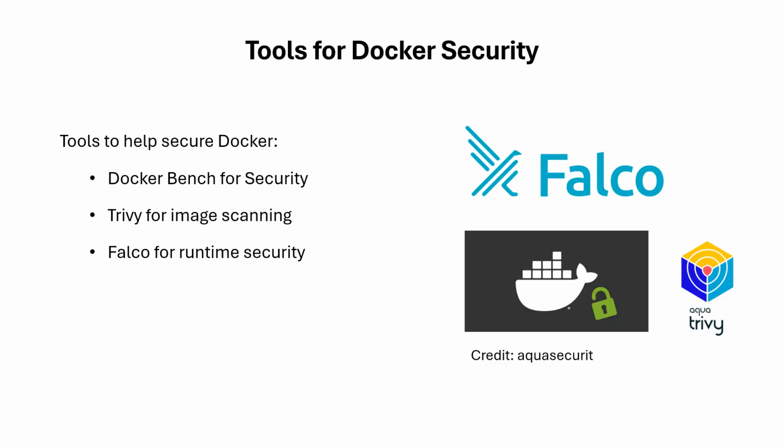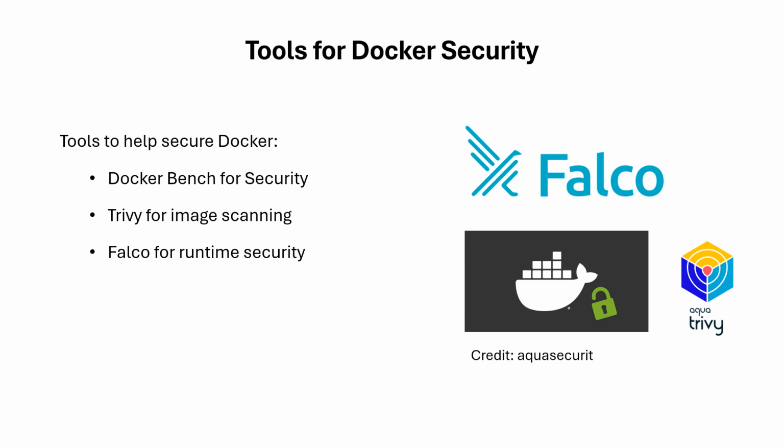There are several tools available to assist in securing Docker environments. Docker Bench for Security is a script that runs checks against your Docker configuration, looking for common security misconfigurations and best practices. Trivy is an excellent tool for scanning container images for vulnerabilities, ensuring that no known security issues are present before deploying containers.